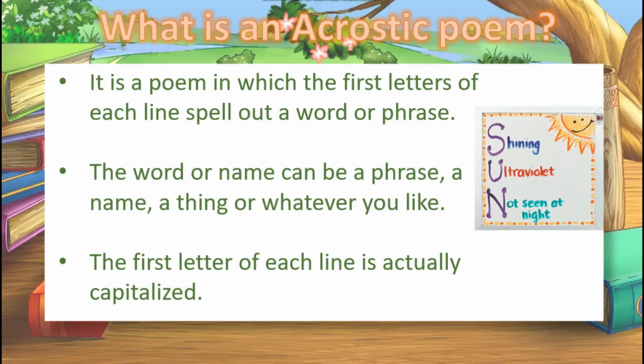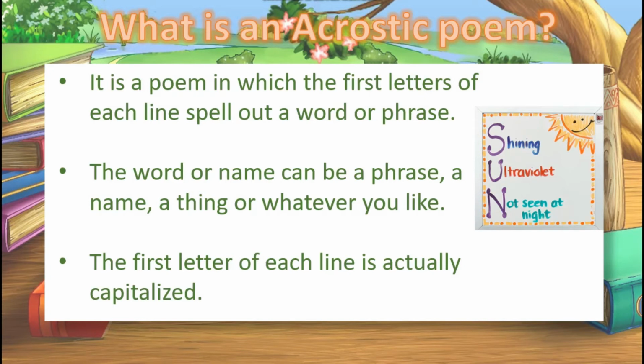So I can choose, for example, the name Ola, O-L-A, and I can do an acrostic poem with it. I can choose the name Ali, and I will put A-L-I, and I can do an acrostic poem. So it's up to you to choose the name, the thing, or the phrase that you want to use.